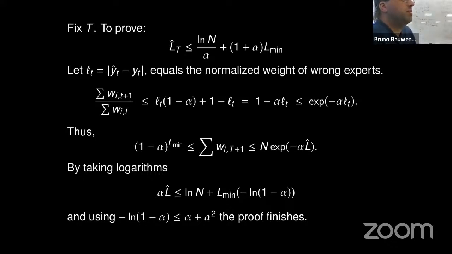We know that these weights get multiplied by 1 minus alpha. So this is the first term. The first term is the weights of predictors that make a mistake. The second term is the normalized weight of other predictors, which is 1 minus L.